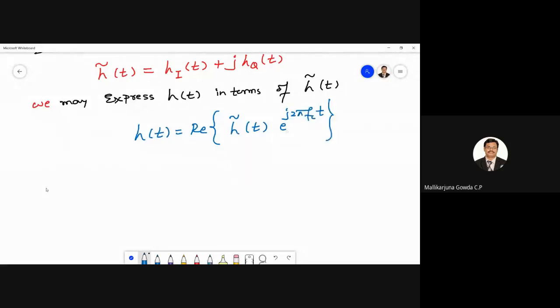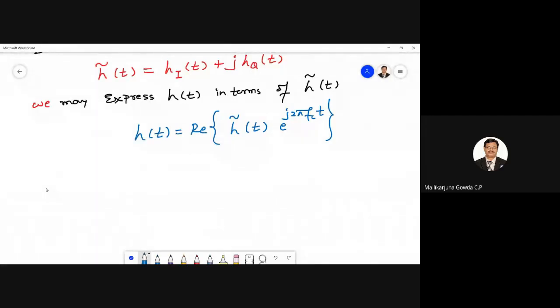This is how we express the impulse response of the bandpass system in terms of the complex envelope of the impulse response.